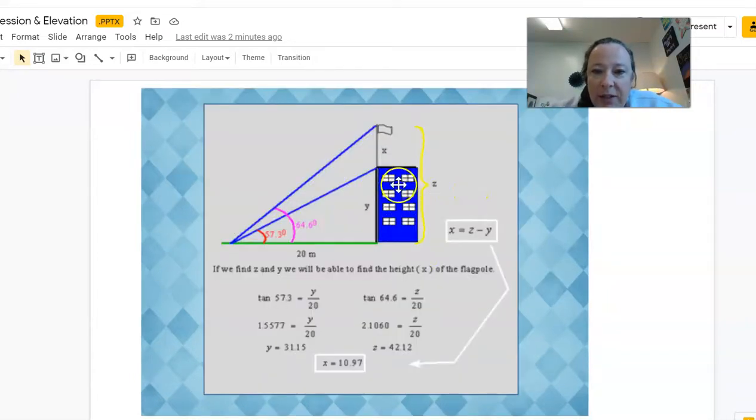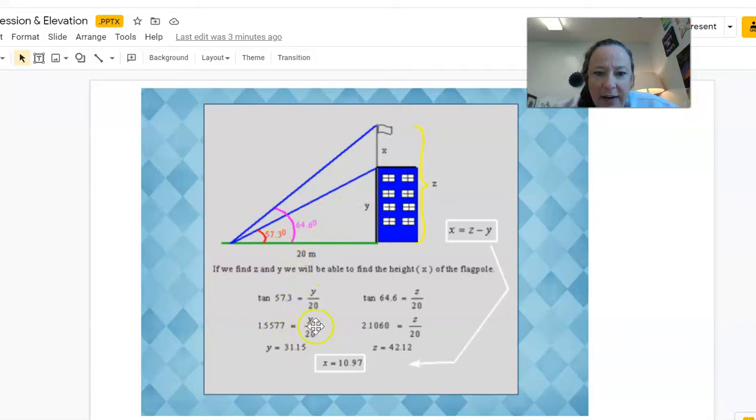So this one, there's a building, there's a flag. We're given an angle of elevation of 57.3 degrees here and 64.6 degrees here. I think it's given that tangent of 57.3 equals y over 20.